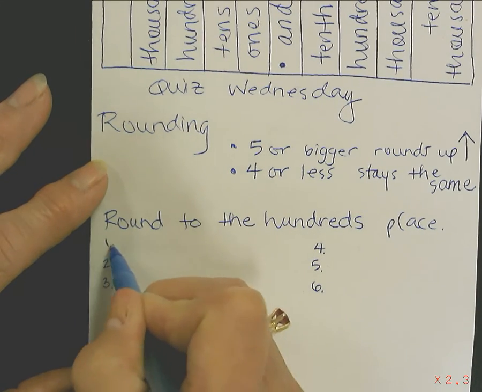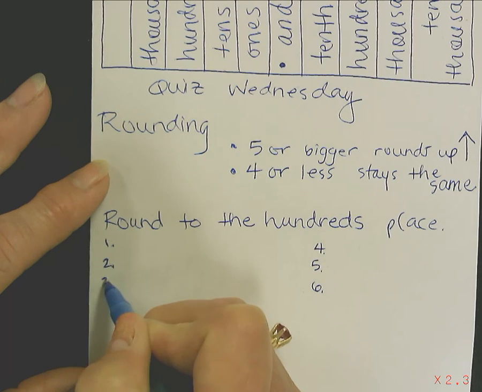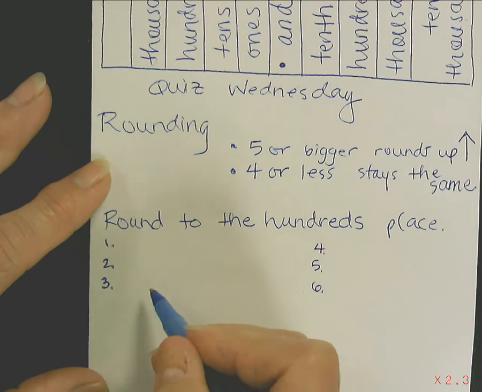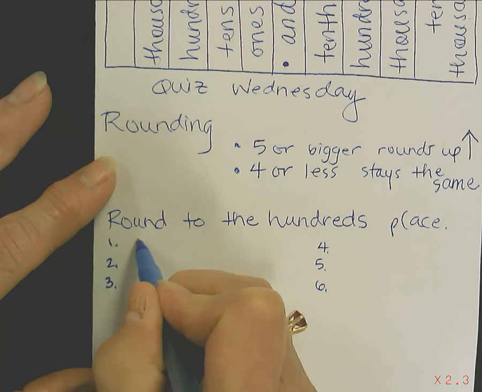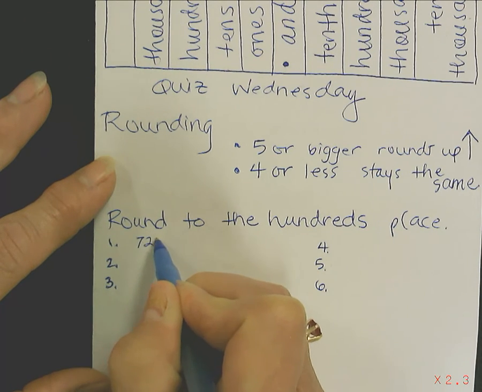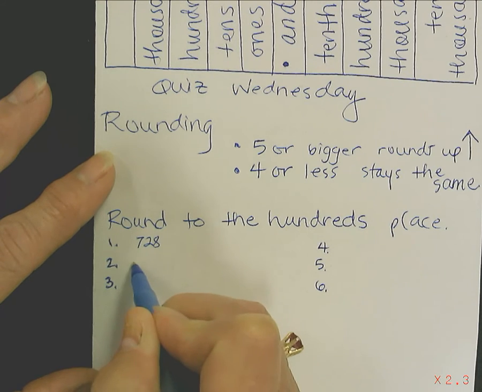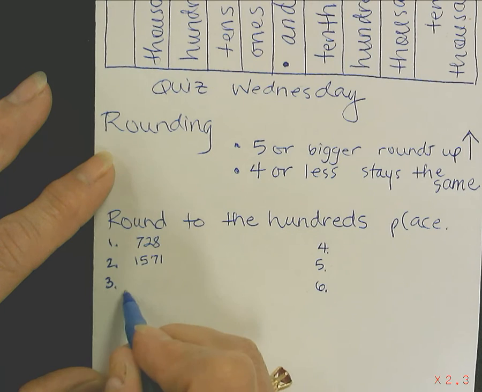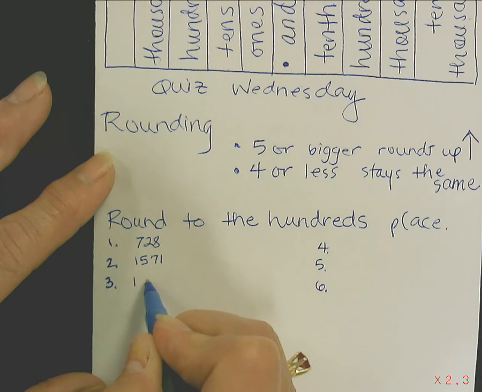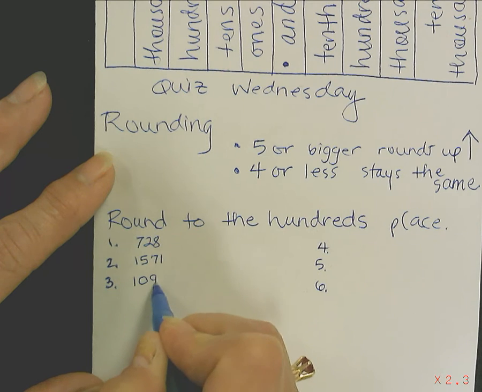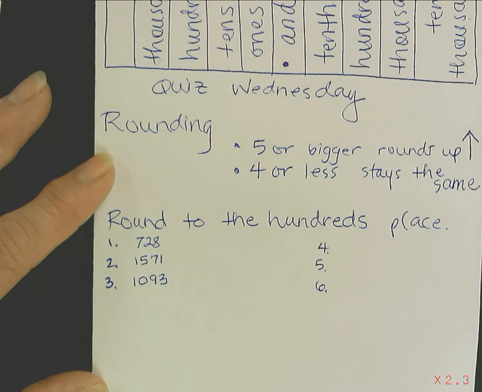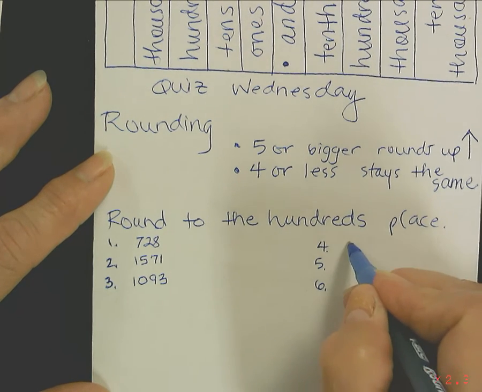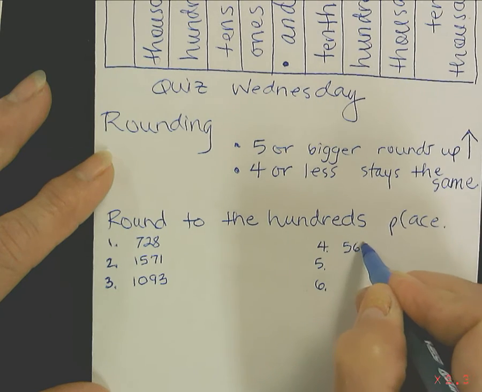And number 1, right now I just want you to write the numbers with me, and then we'll start rounding off. So for number 1, we're going to have the number 728. Number 2, 1,571. Number 3, 1,093. Number 4, 567.